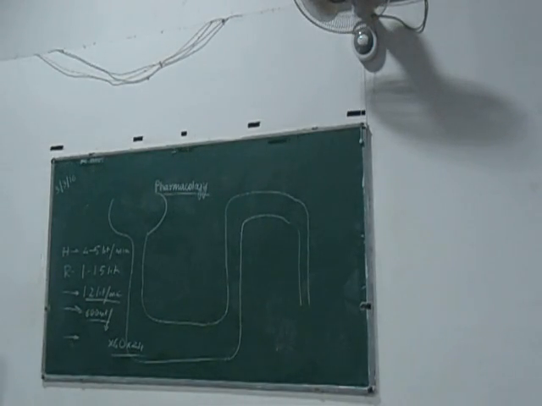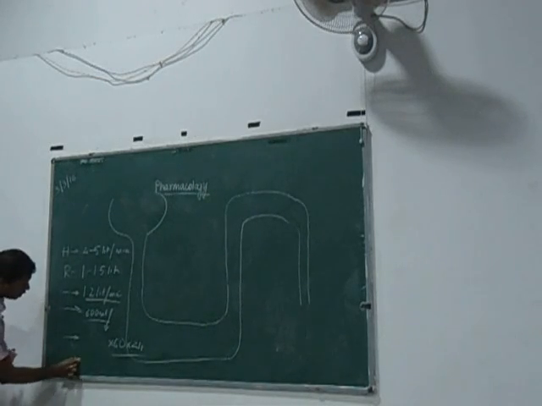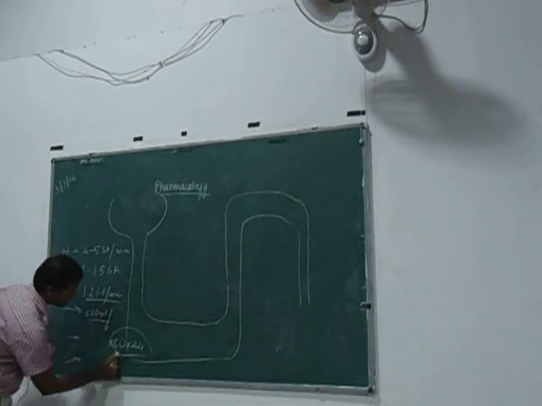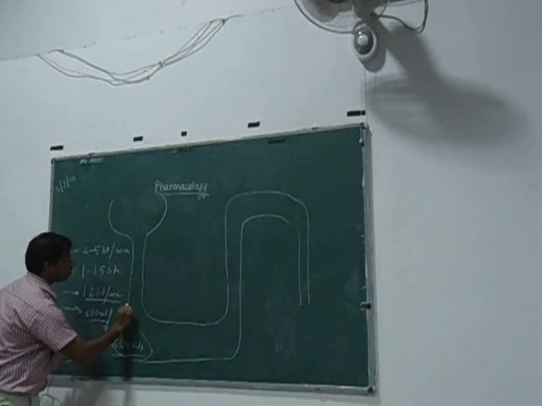So many minutes we have. But what is the total urine output per day? So how much of it is reabsorbed? 90%? Or more than that? More than that. So this is the simple calculation. All this part is reabsorbed back.